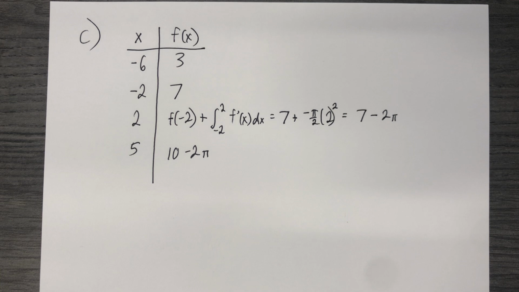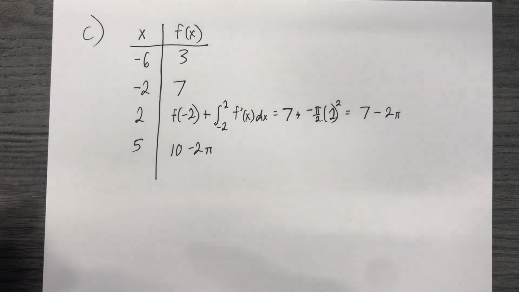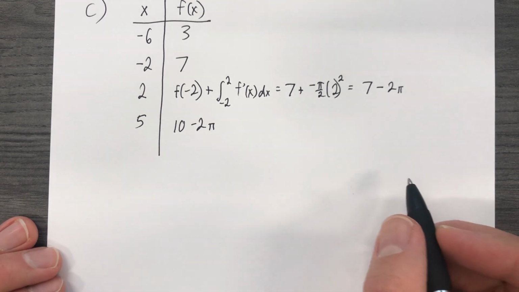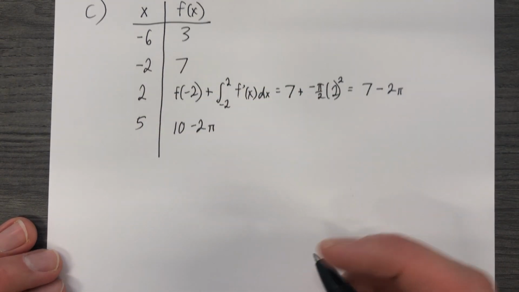Okay, we're looking for the absolute minimum, and I do need to justify this. So let's go ahead and justify it now. In this justification, I need to talk about why I chose the points that I chose.